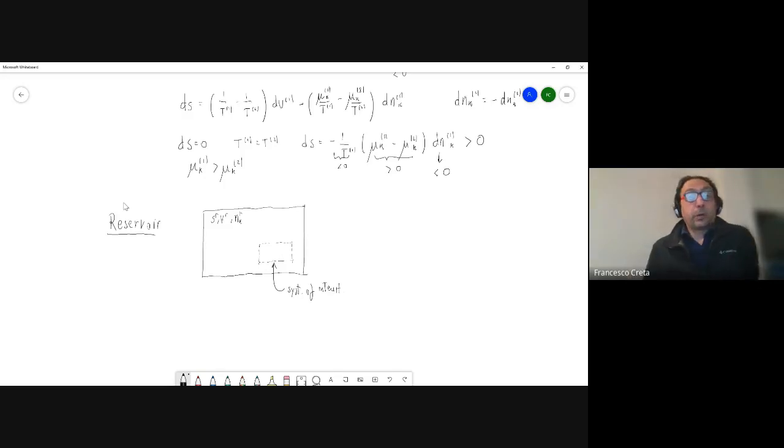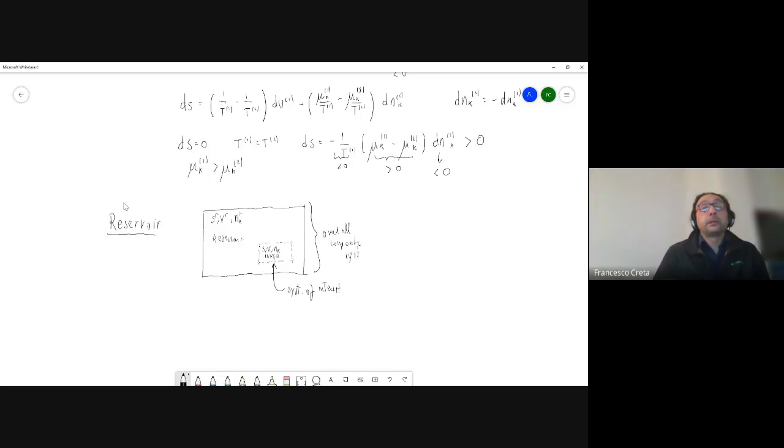We are going to call the equivalent values simply S, V, and N. So this is the system of interest, or we can say the inner system, and this is the reservoir. And the whole thing is the overall composite system.